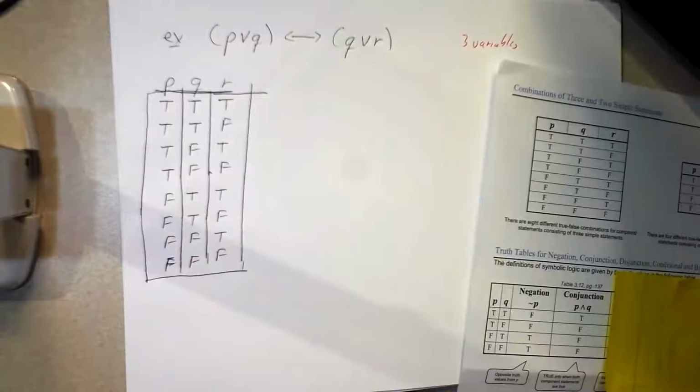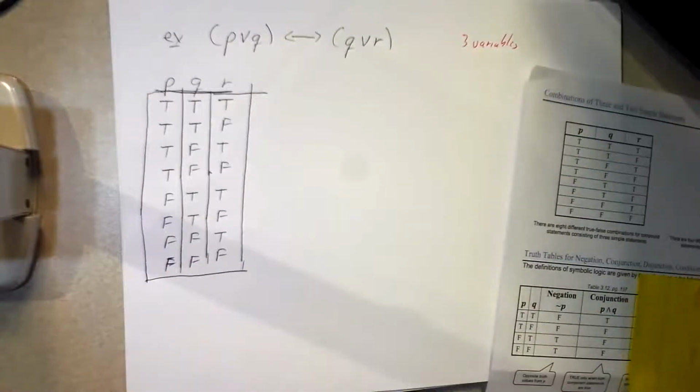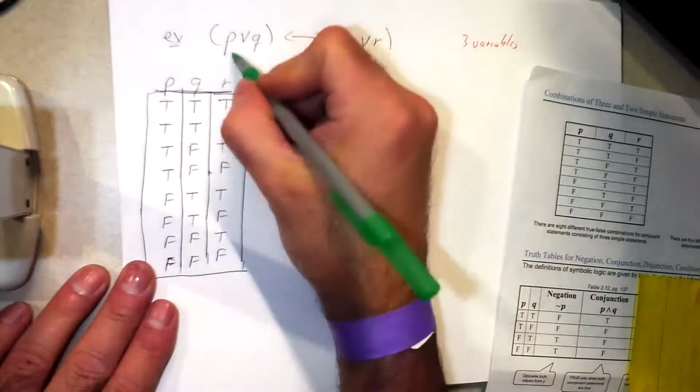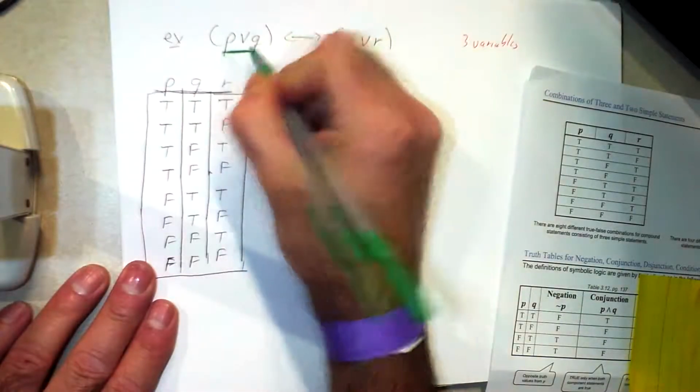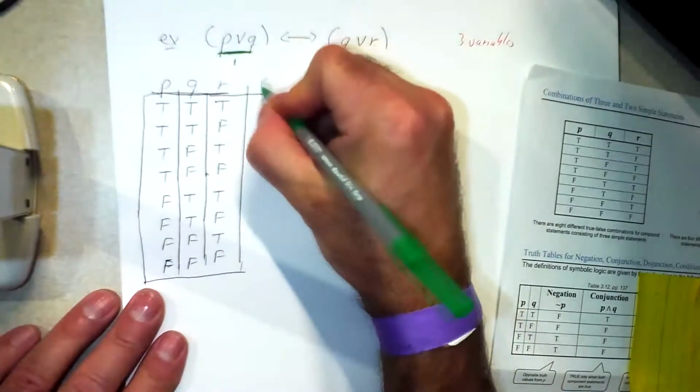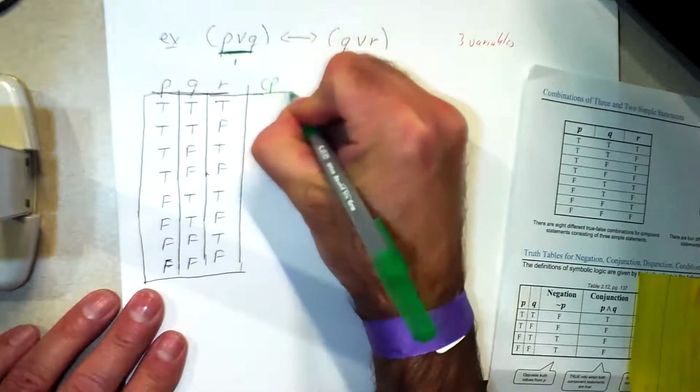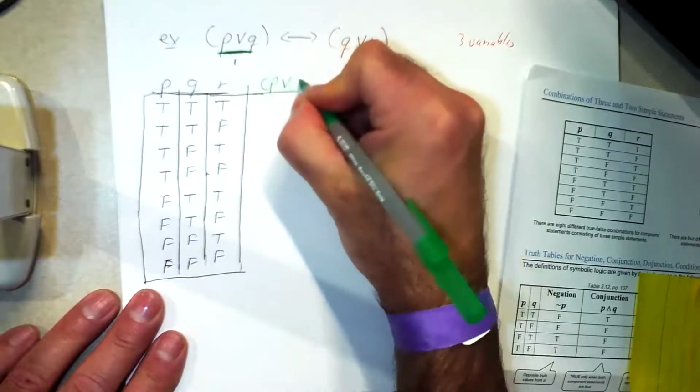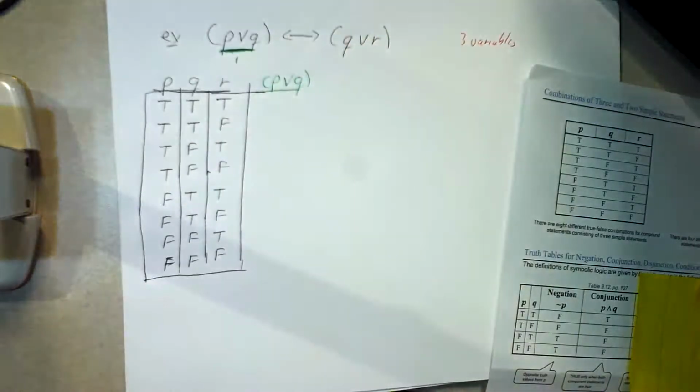That's how it starts. All right, so again, we do the procedure and we have to follow the order of operations. So we do parentheses first, going left to right. I'm going to do P or Q first.